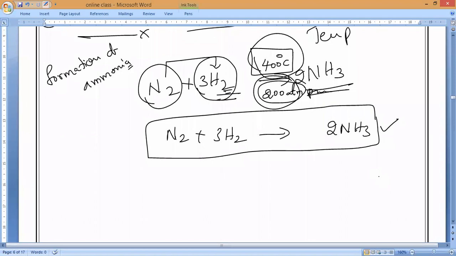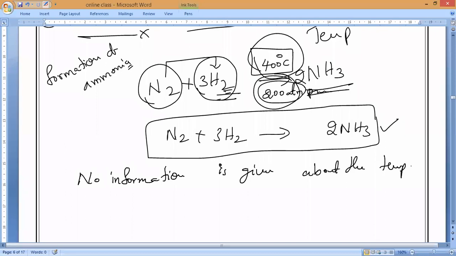No information is given about the temperature and pressure. Temperature and pressure conditions. That is the third point.